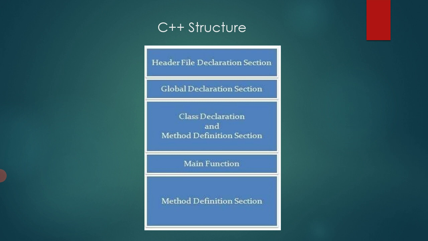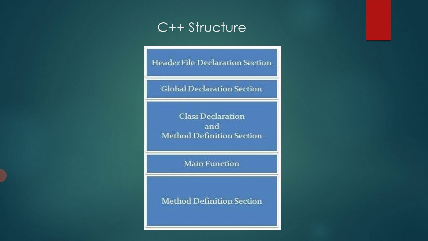Next is the class declaration and method definition section. In this section we have to declare a class, and methods are the functions. If we want to use functions in a program, we have to define the functions inside the class. So in a C++ program we can create a class, and inside the class we can create functions. Now next is the main function.